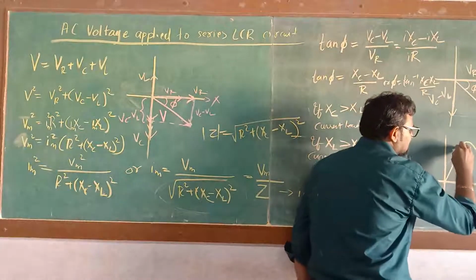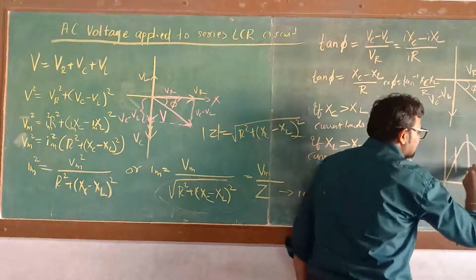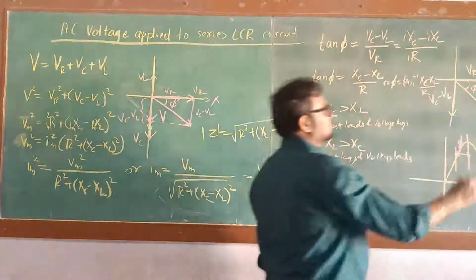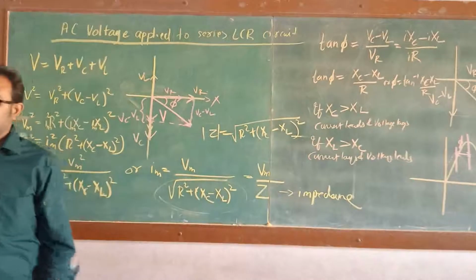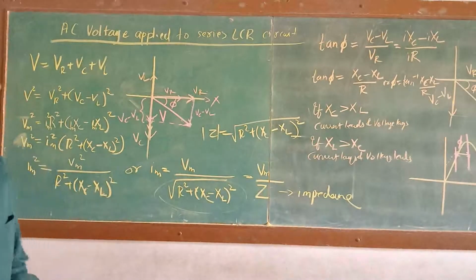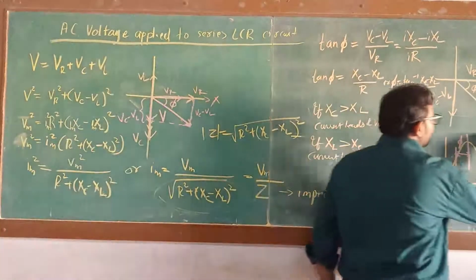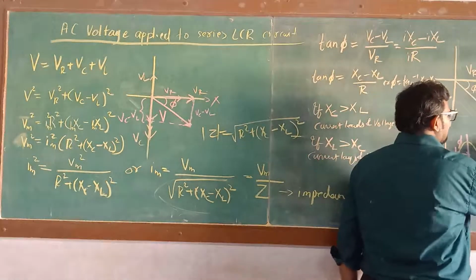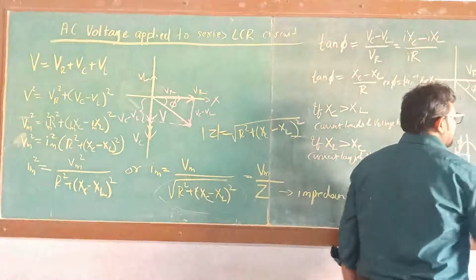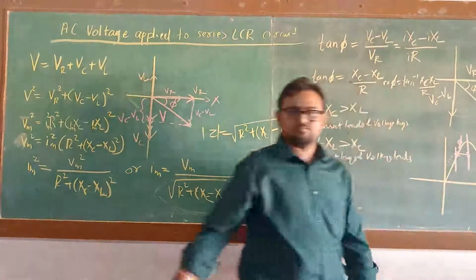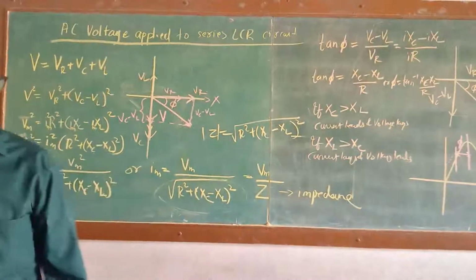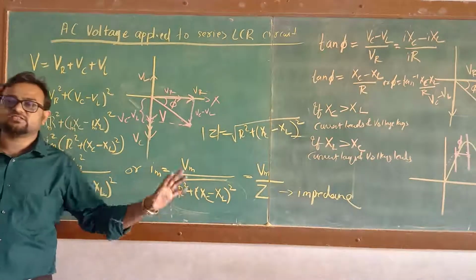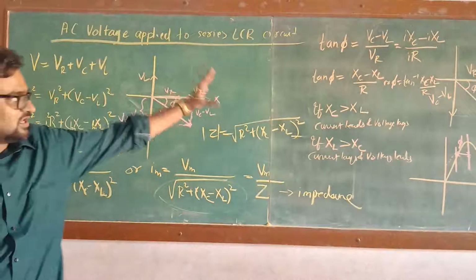Means this is becoming maximum at this place and this is at this place. This difference is the phase difference phi. Clear? So this is the graph of V and I versus omega t. So this was about AC voltage applied to series LCR circuit. So note down the last part.